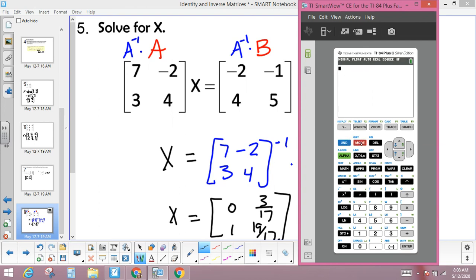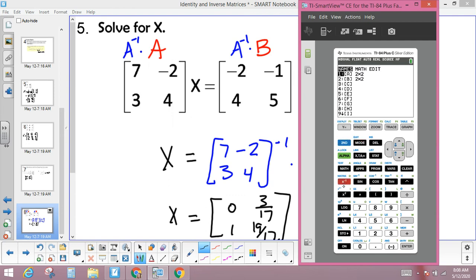Okay, second quit, it saves it and takes it away. Go back to matrix, over to edit, down to B, and tell it that we want B to be a 2 by 2. So we have -2, -1, 4, 5. Second quit, it saves it and takes it away.